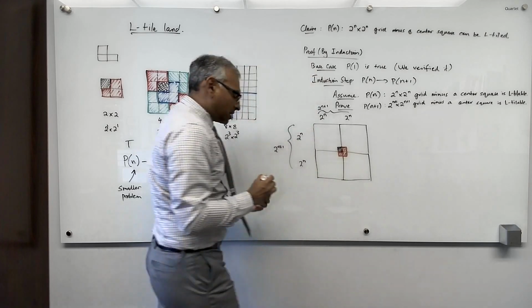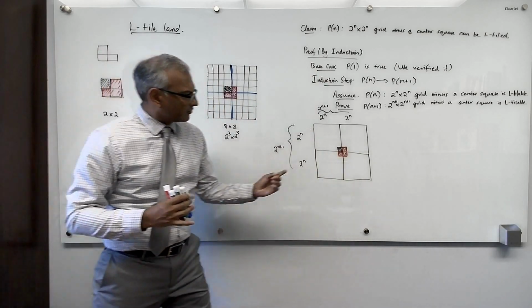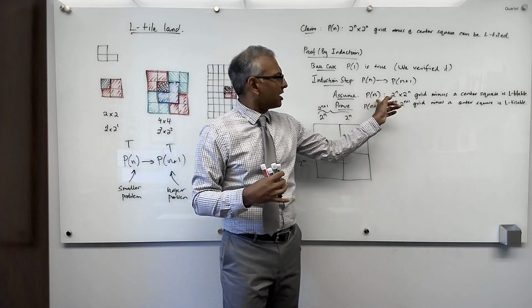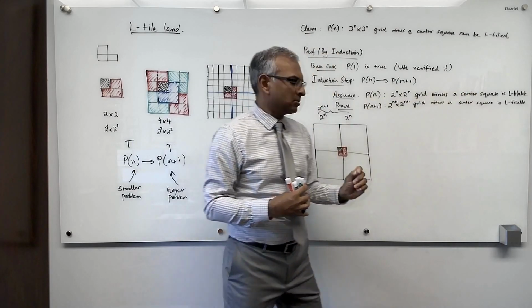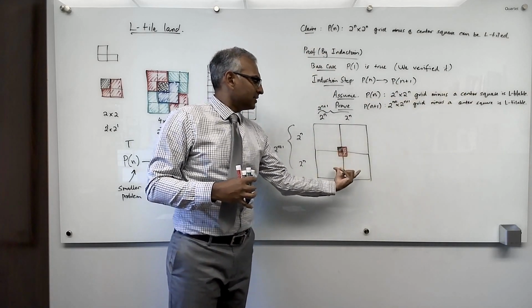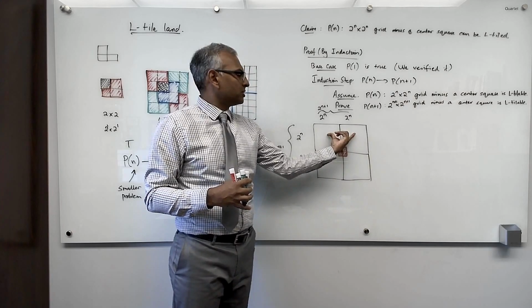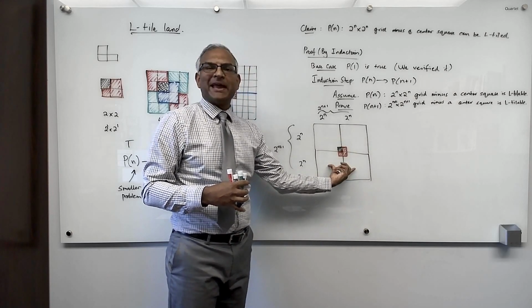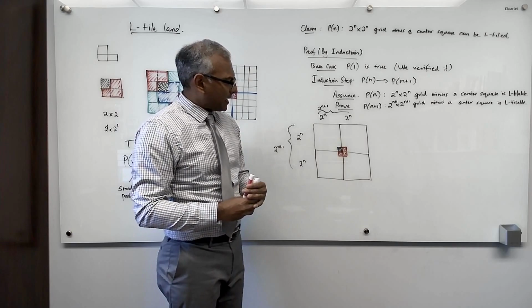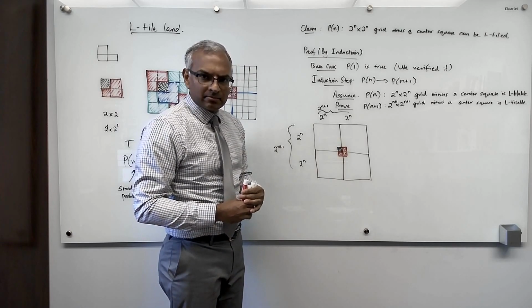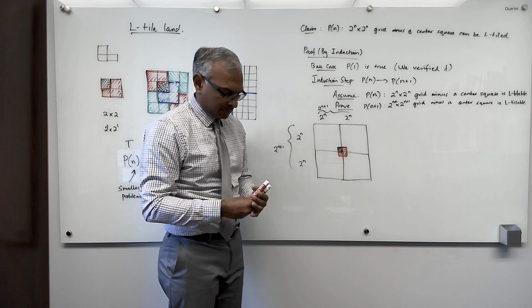And now it would be great if I could somehow use the induction hypothesis, which I was able to assume, to L-tile each of these 2 to the n by 2 to the n squares independently. And the problem is I cannot.